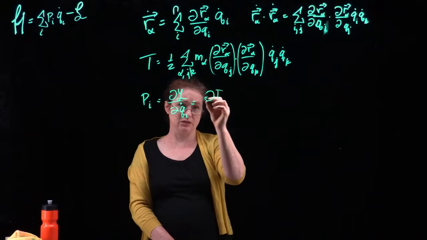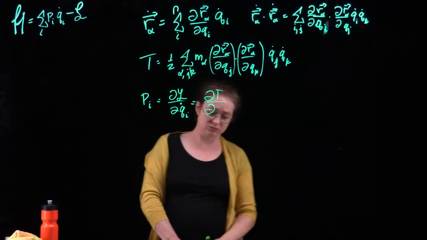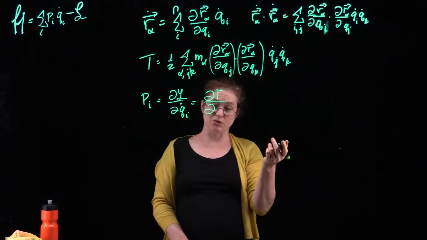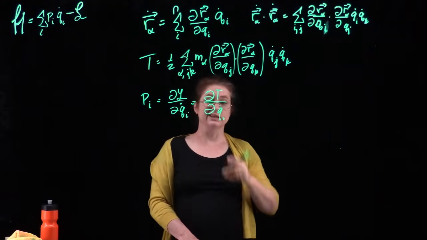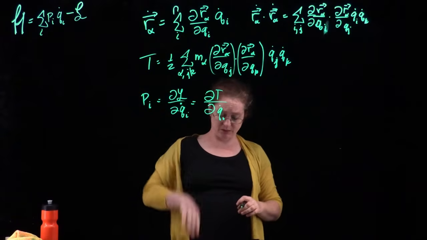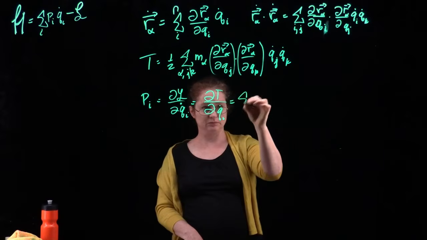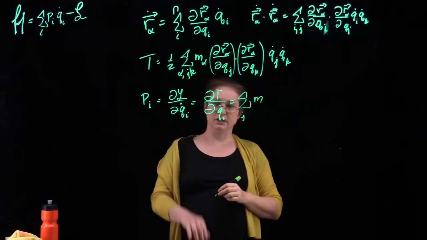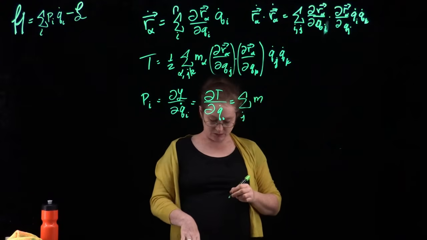And because the Lagrangian is the kinetic energy minus the potential, and the potential has no dependence on the qi dot, this is the generalized momentum.